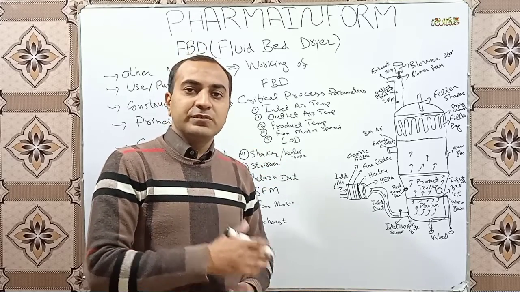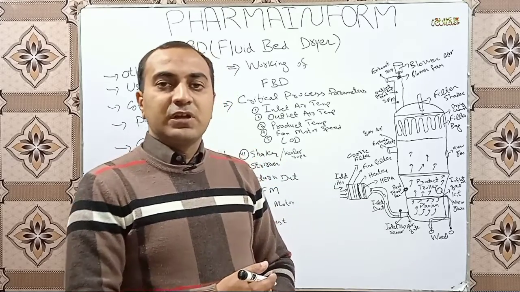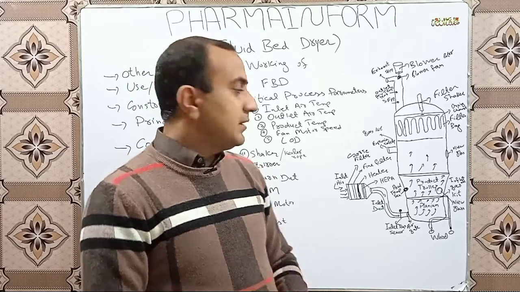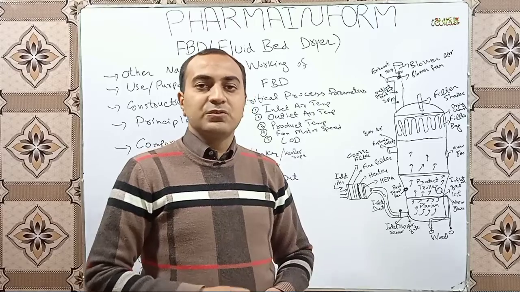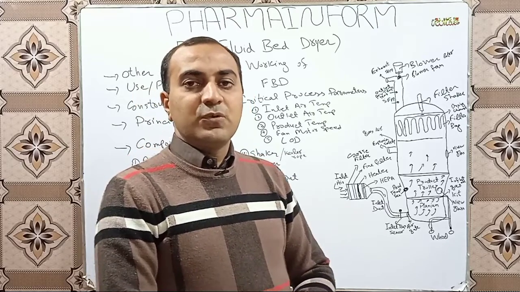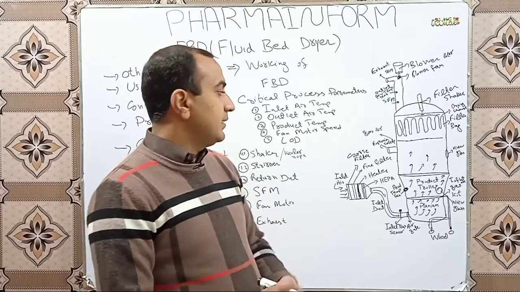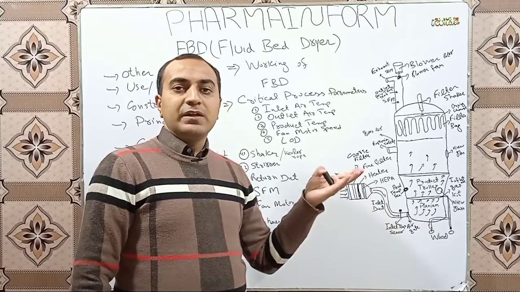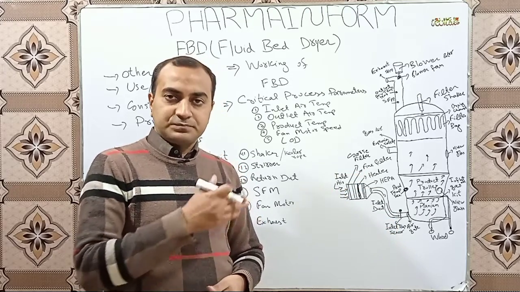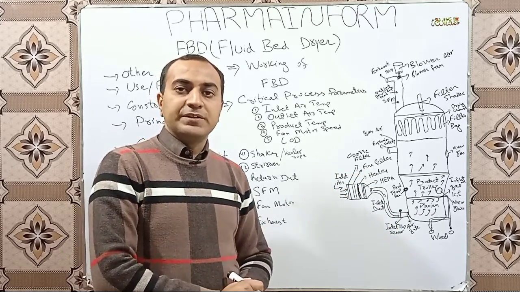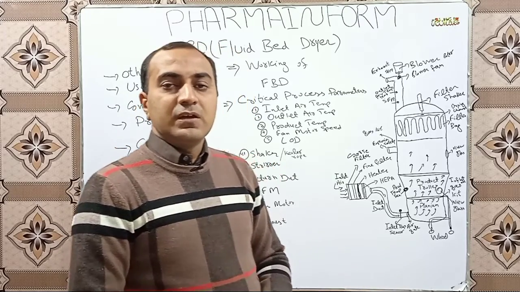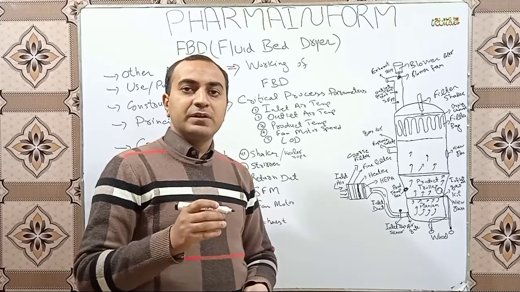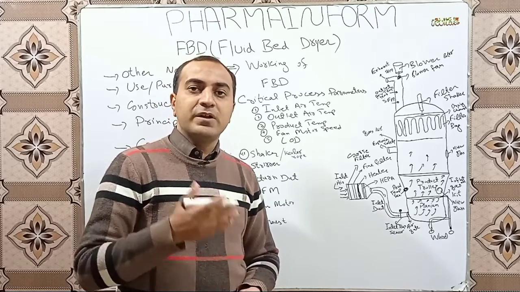Because of this concept, particles or granules remain suspended in the drying chamber, which results in fluidization. So the process is known as fluidization. In simple words, when air enters into the drying chamber by passing through the sieve of the product trolley, it pushes the particles or granules in an upward direction.